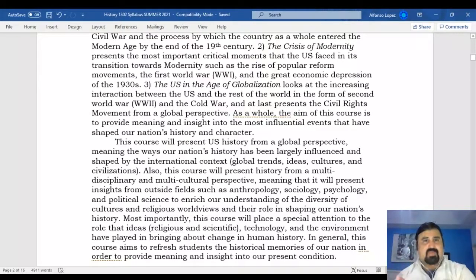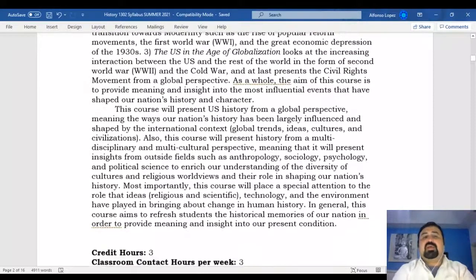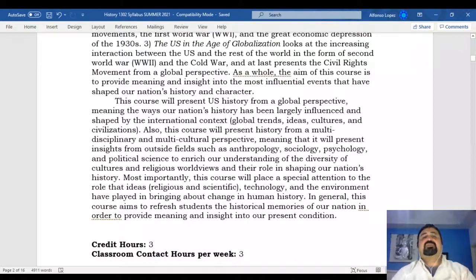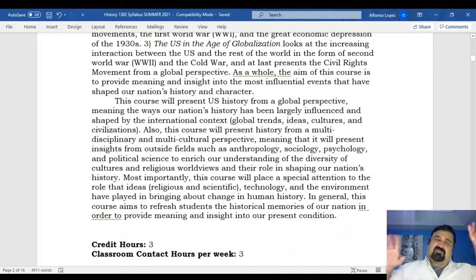And once we cover that, then we're going to be looking at the third period of 1302, and the third period is called the U.S. in the Age of Globalization. The U.S. in the Age of Globalization, a period of time that starts, roughly speaking, from 1939 to the present.